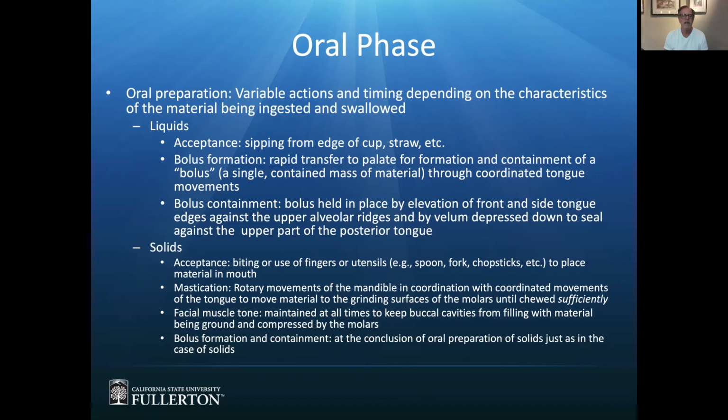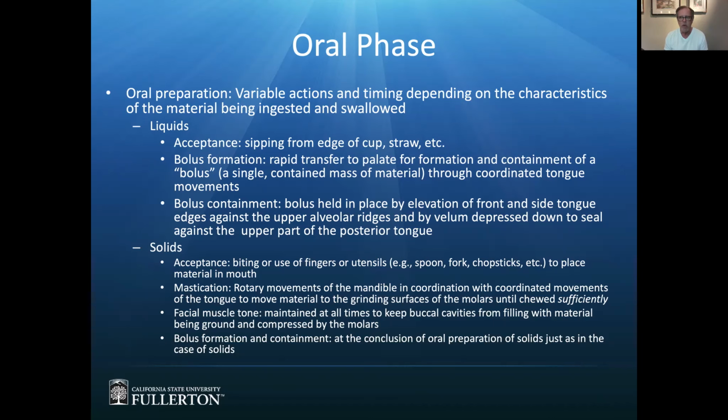All right. Now, in coordination with that, you must have at all times facial muscle tone. Now that's just the baseline tone that you have here. And the purpose of having tone in the facial muscles is to keep a kind of a pressure there so that the buccal cavities do not fill up with the material that is being ground between the molars.